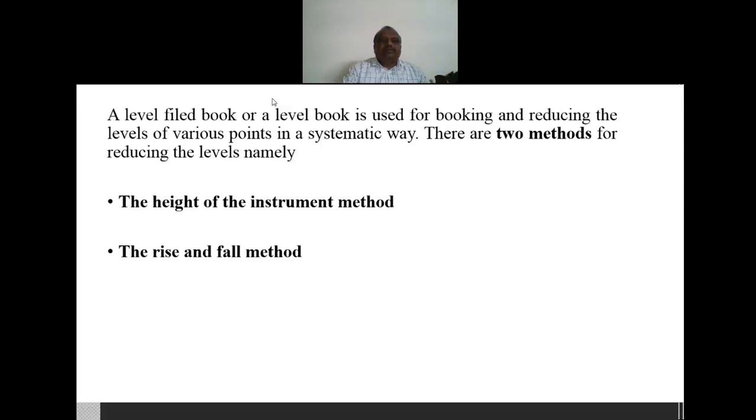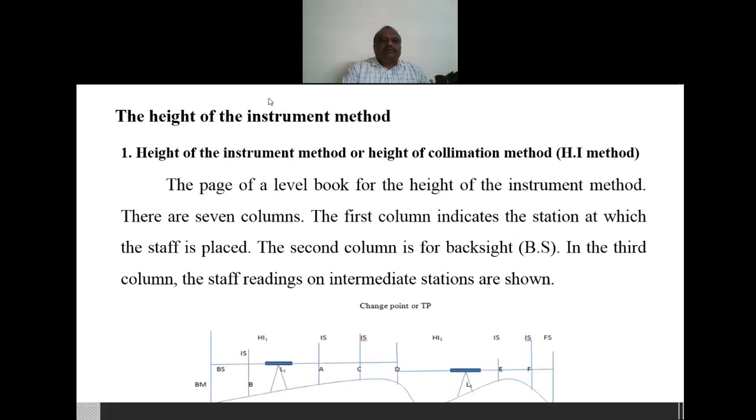In the height of instrument method, or height of collimation method, the page of the level book has eight columns. The first column indicates the station at which the staff is placed, the second column is for backsight, the third column is for intermediate sight, the fourth column is for foresight, and the fifth column is for height of instrument.